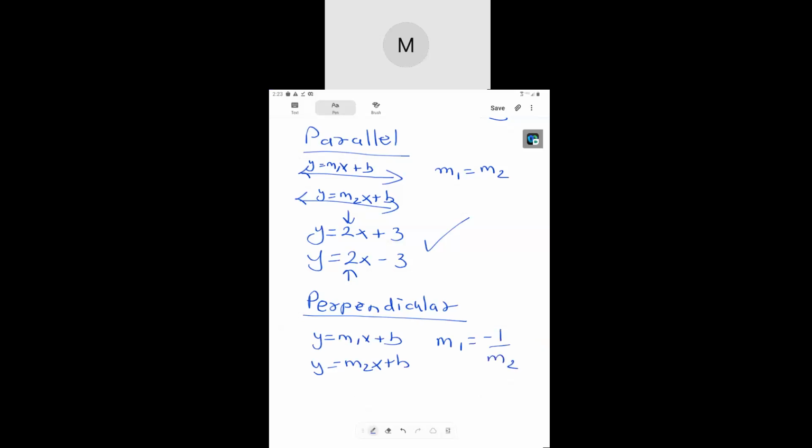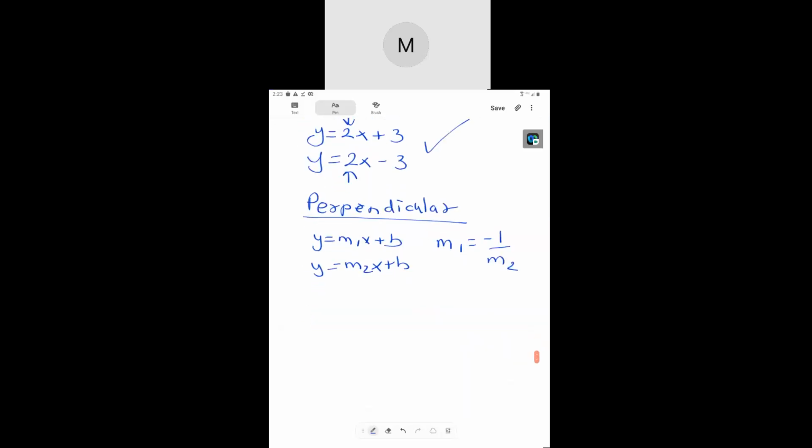So it's a negative reciprocal. That's how we spell it. So again, a sample question would be y equals 2x plus 3 and y equals negative half x plus 3. These are perpendicular lines. So that covers the basics of what linear equations really are.